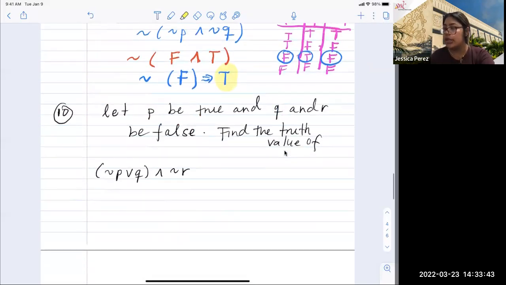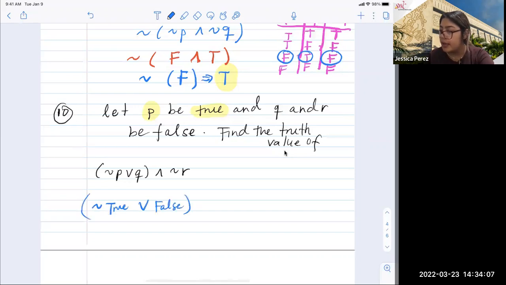Question number 10, let P be true. This one is different. So we have P be true, and then we're going to negate it, and Q and R be false. So this is not true or false, and then and not false, right?